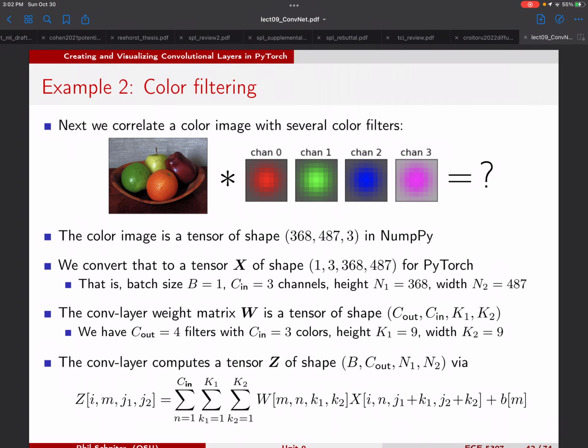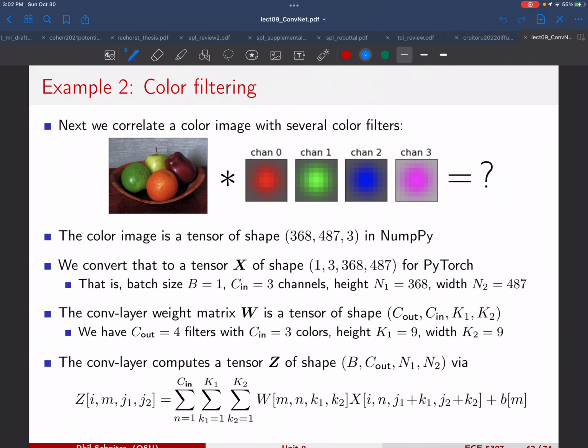So where we left off on Friday was we were talking about this example of how we do color filtering with PyTorch.